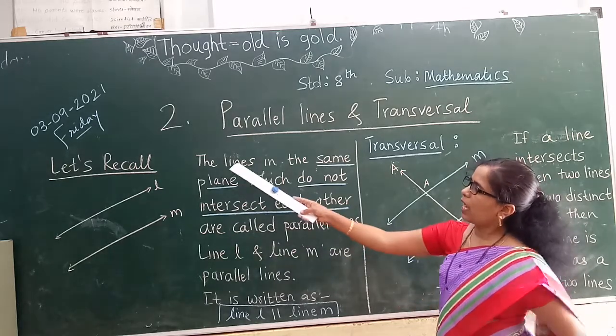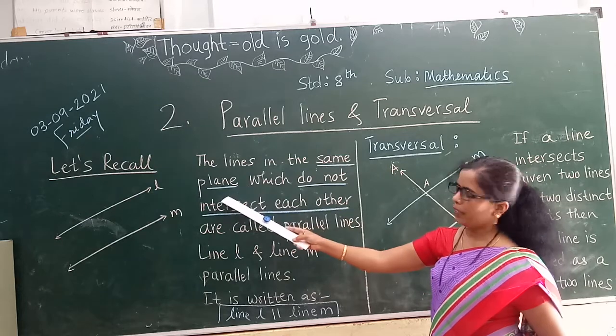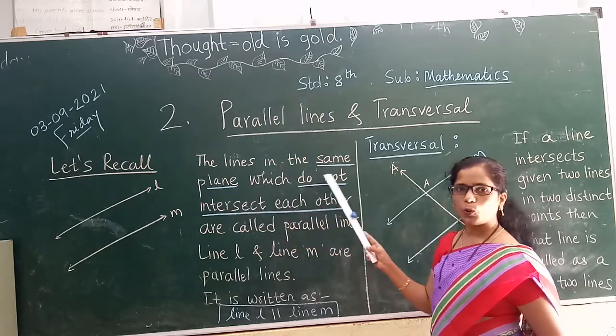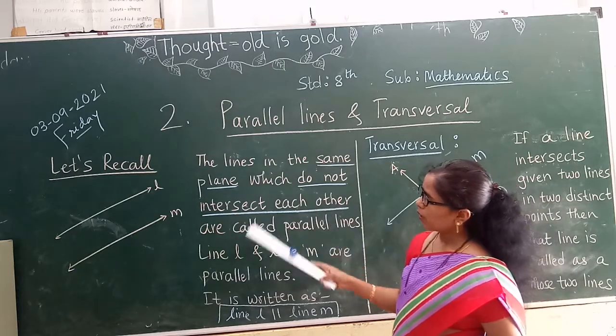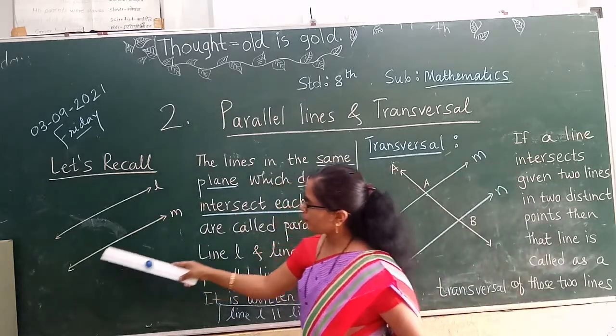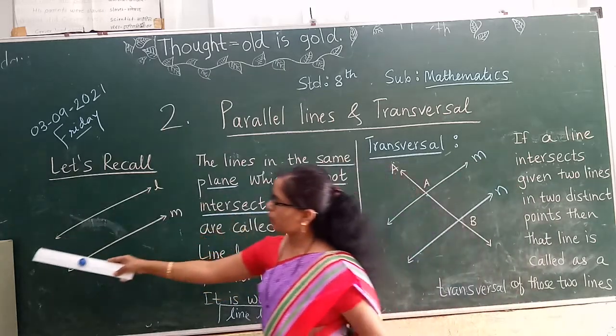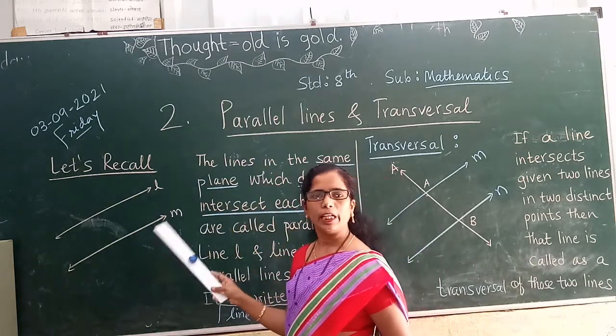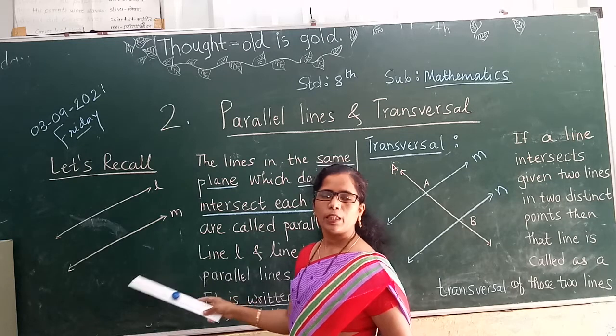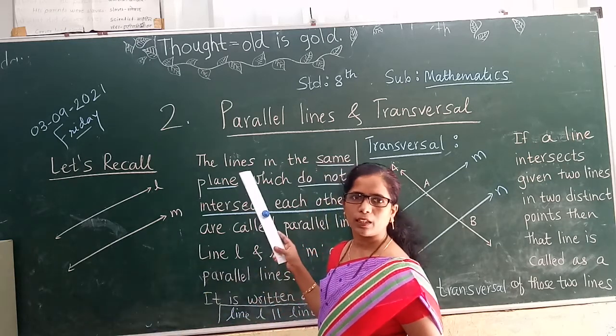Lines in the same plane which do not intersect each other means to whatever extent we extend these lines, to whatever length we extend these lines, they are not going to intersect each other. They are always running parallel.